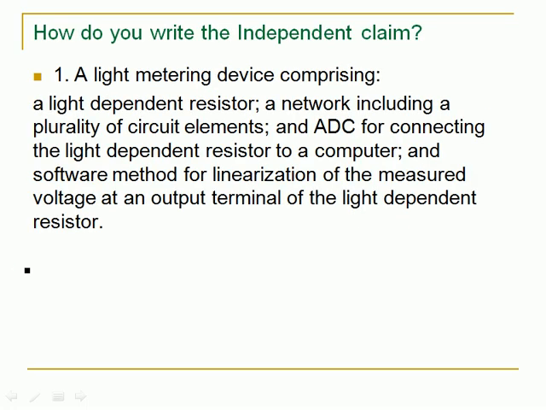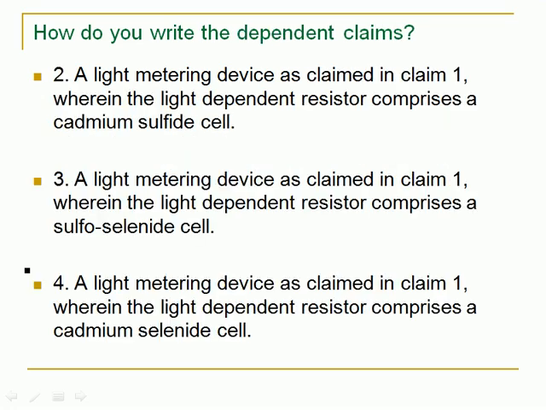And so to write the first independent claim, I might say, here's a light metering device comprising a light-dependent resistor, a network of elements, an A/D converter, a computer, and software that linearizes the measurement. Then comes the dependent claim. A light metering device like claim 1 where the light-dependent resistor is a cadmium sulfide cell.